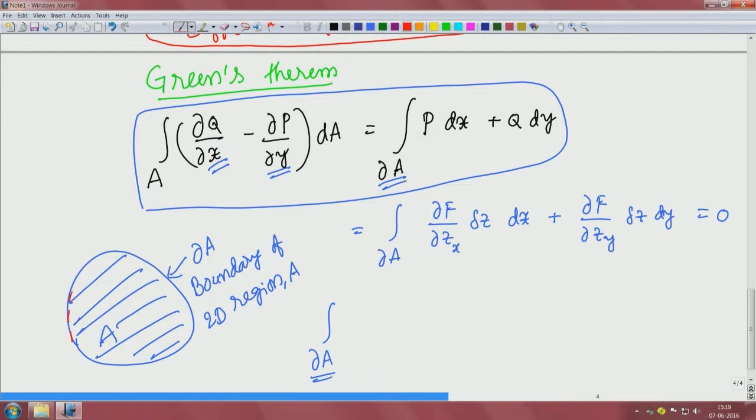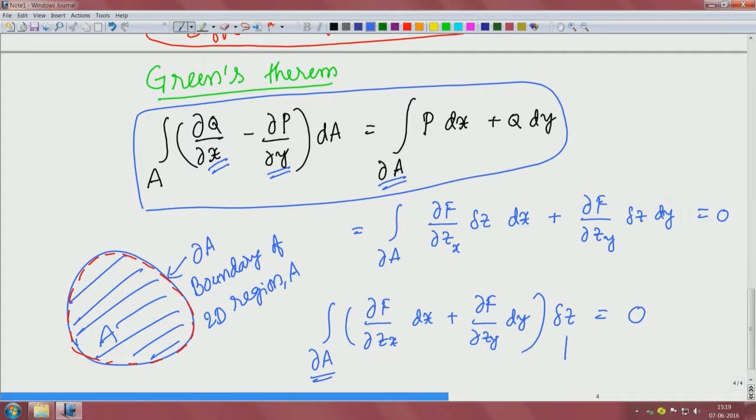On that, what should be 0 is ∂f/∂z_x dx and ∂f/∂z_y dy times δz equal to 0. If δz is 0, then there is no problem, the integral is satisfied.